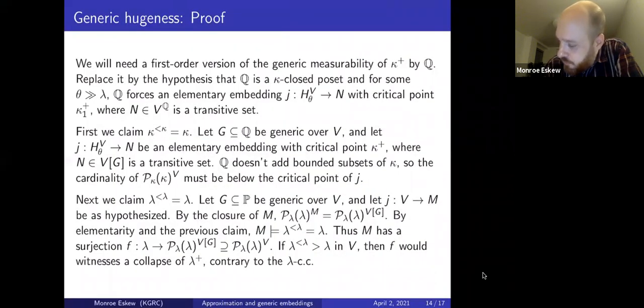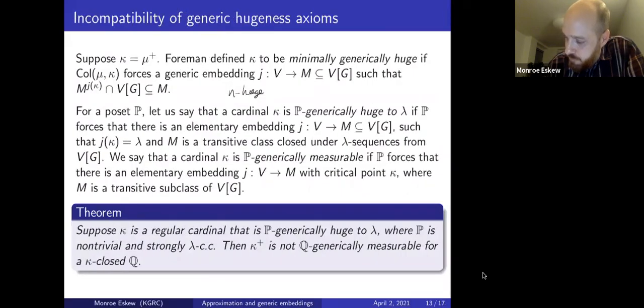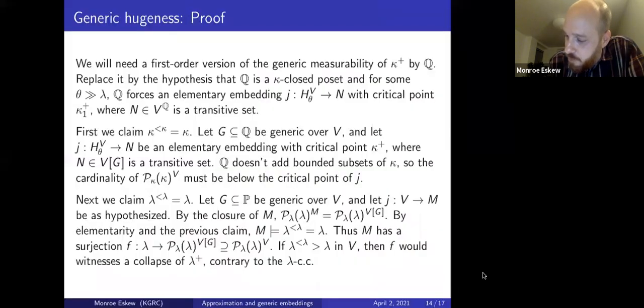Okay, so this is not just an outline, but more or less a complete argument, so let's try to just get through it. We have these two notions that are not necessarily written in a first order way, just in the language of sets. But let's substitute the second one, the generic measurability, with something that's definitely first order, because we're going to apply elementarity to that thing itself.